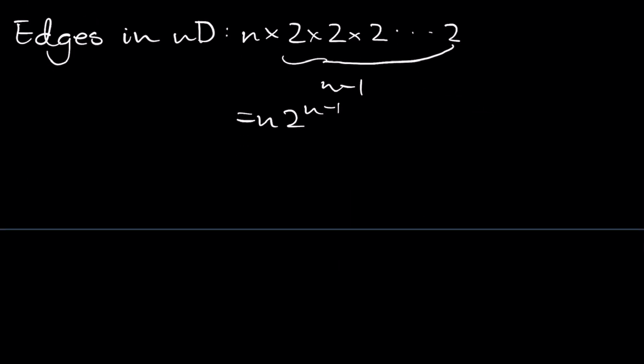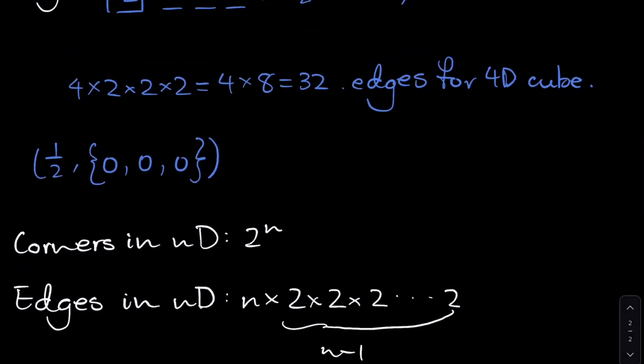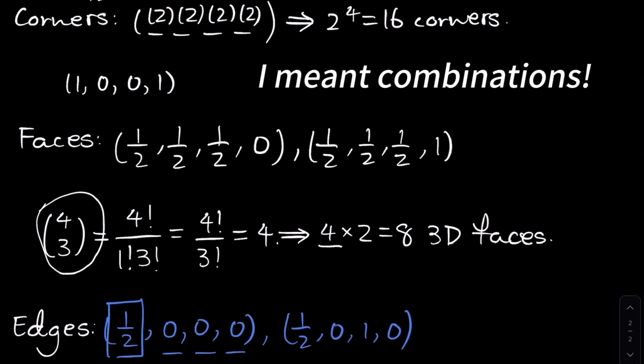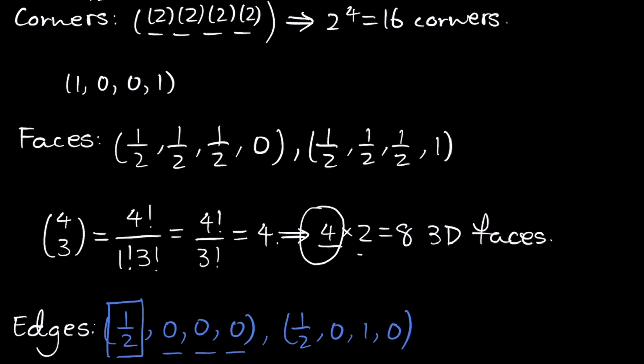What about the number of faces? For faces, it's a bit different because we can have a 2-dimensional face, a 3-dimensional face, a 4-dimensional face. So let's talk about n minus 1 dimensional faces in nD. Well, if you think about what we did when we were talking about faces, we used permutations. And what we did is we multiplied this permutation by 2.